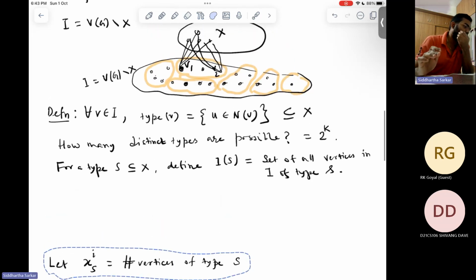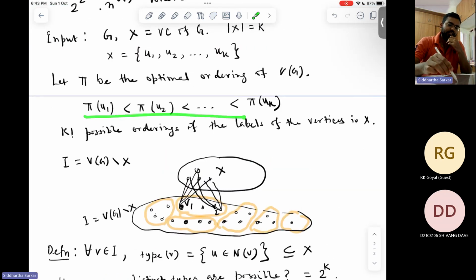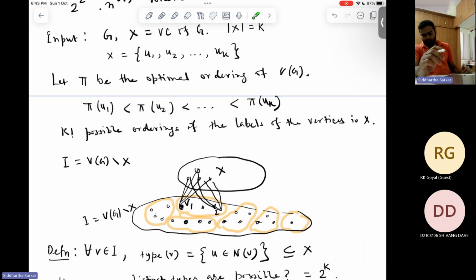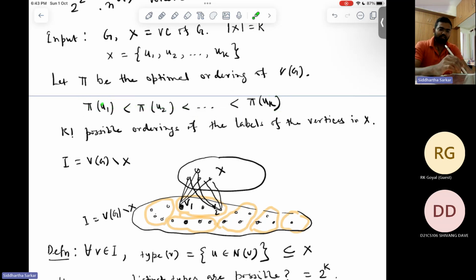We have defined the notation and now we will define something called location. Notice that we have decided an ordering of the vertices of the vertex cover. There are k factorial possible orderings, and we have decided on one order, that we are going to label the vertices this way. So we have this ordering of the vertices in the vertex cover, not all the vertices.